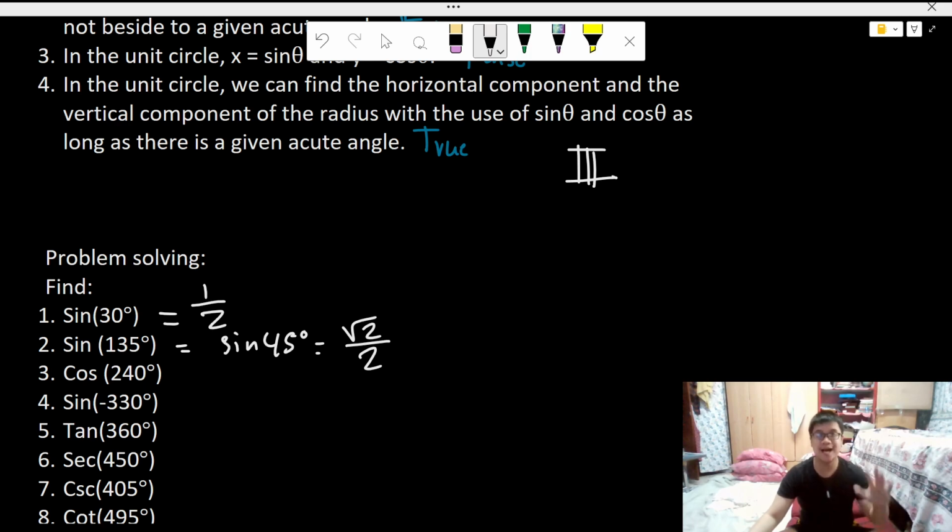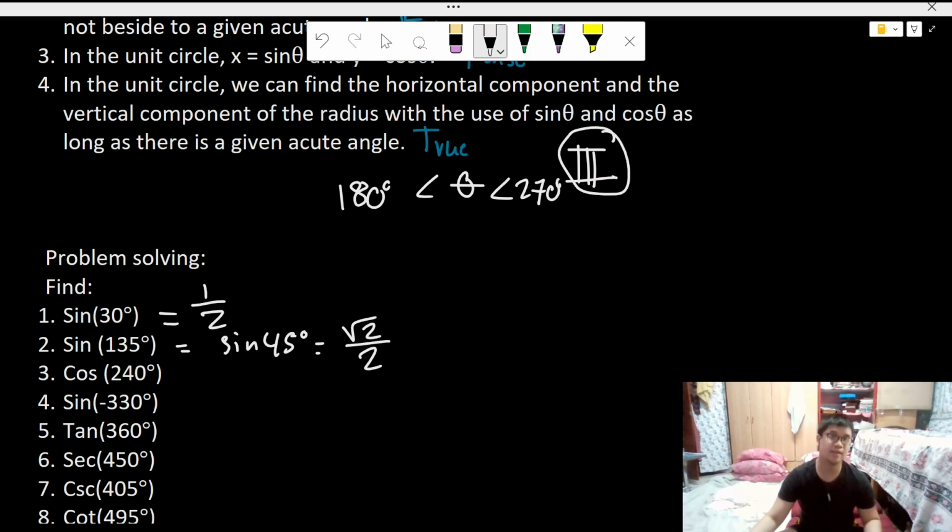How would you know if the angle is in the third quadrant? If the angle is greater than 180 degrees but less than 270 degrees, then it is in the third quadrant. And another thing here is that in the third quadrant, your ordered pair is negative and negative. That means your x is negative, and your y is also negative.